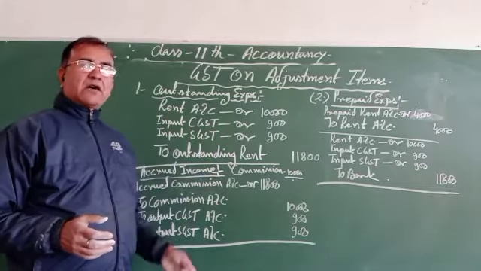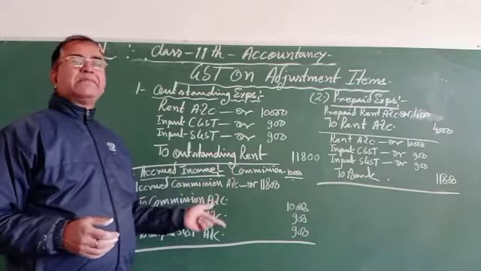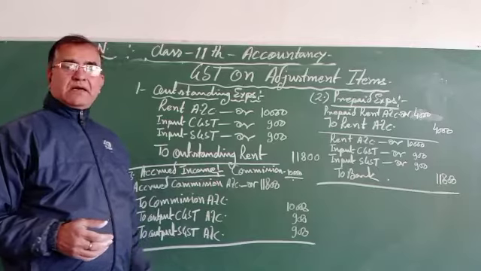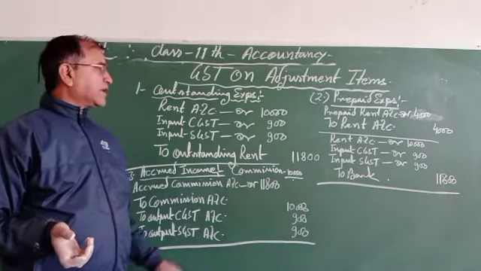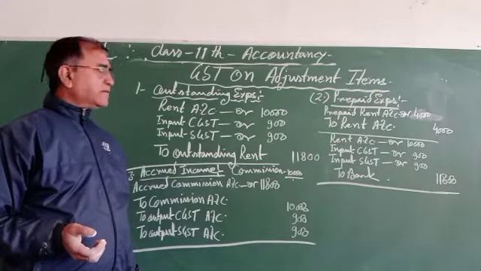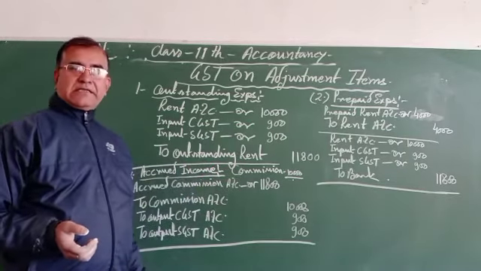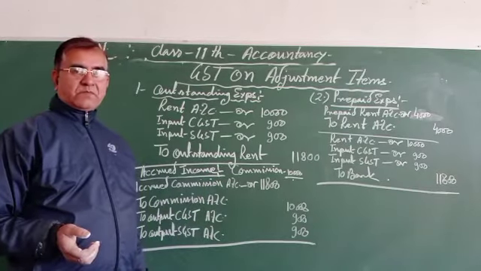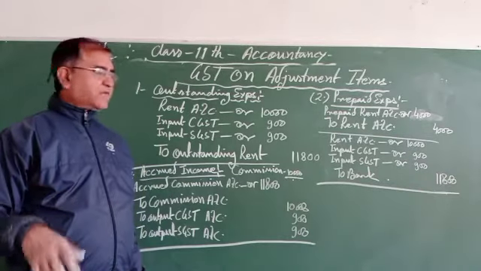Suppose 9% central CGST and 9% state GST, just the 18%. So 10,000 into 18 upon 100 is equal to 1,800 and the total outstanding with GST will be 11,800. I think this will be clear for you.